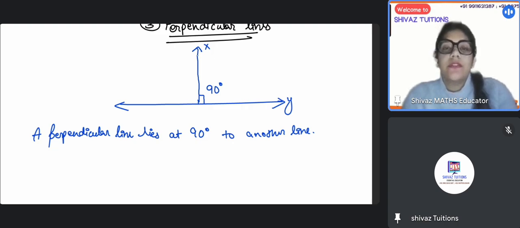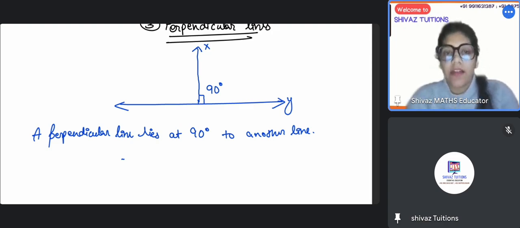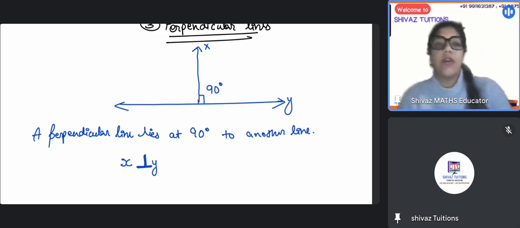This line is X and the other one is Y. X is perpendicular to Y because X is making that 90 degree angle. I will denote it as X, then a symbol, and Y. This is the symbol to denote that two lines are perpendicular to each other. Just note it down and then tell me.